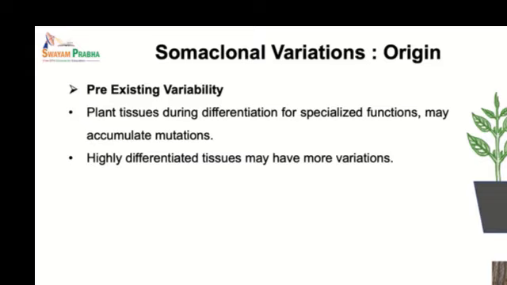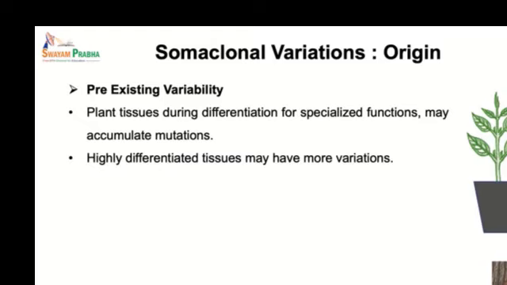Cells in the meristem divide by normal mitotic divisions and usually uniform genomes are maintained in these tissues. However, the leaf cells are more specialized to perform photosynthesis associated specific functions.